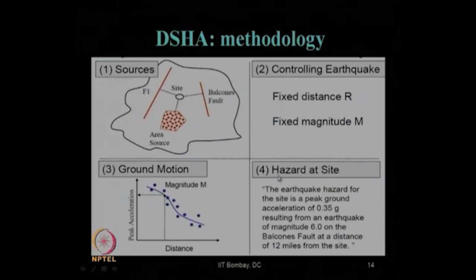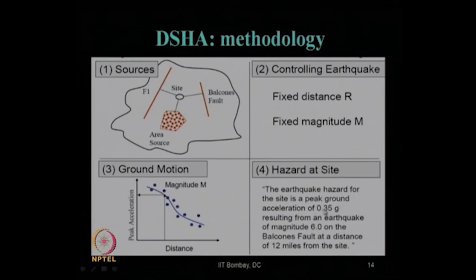In the fourth step, you report that hazard at the site which needs to be considered for the design of the structure at this proposed site. So, the earthquake hazard for the site is a peak ground acceleration, because we are showing peak acceleration here.